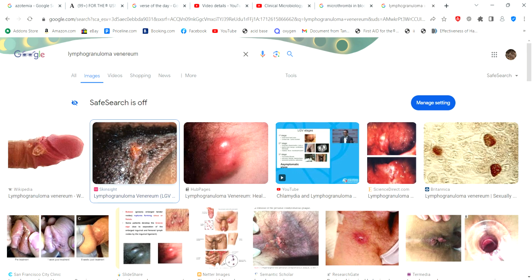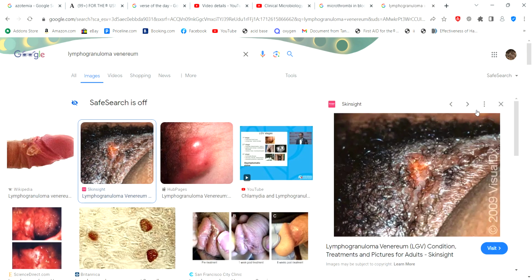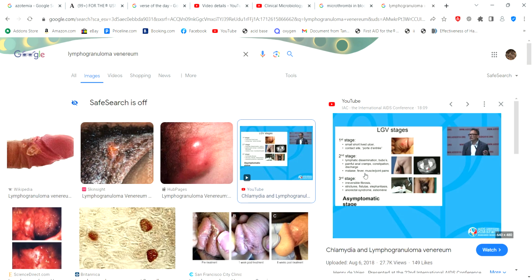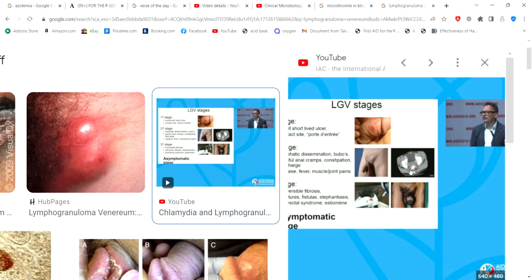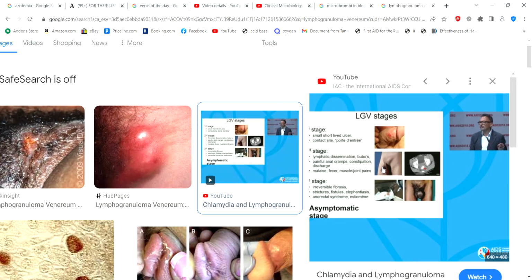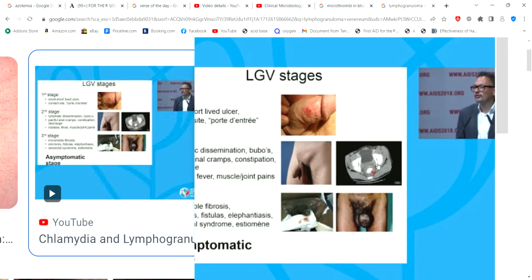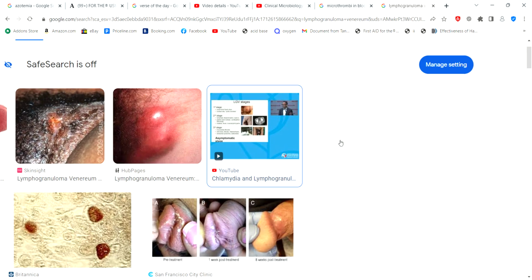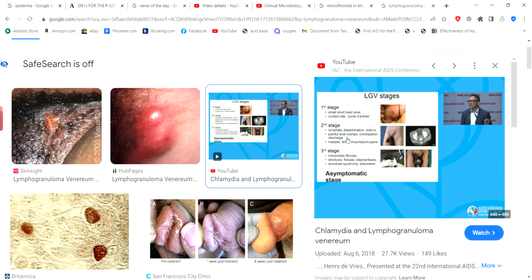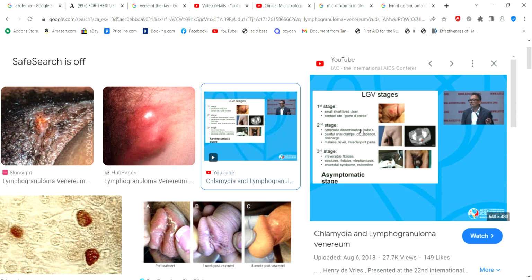So this is what it is. The first stage is a small ulcer at the contact site. That's the ulcer, and it's painless.